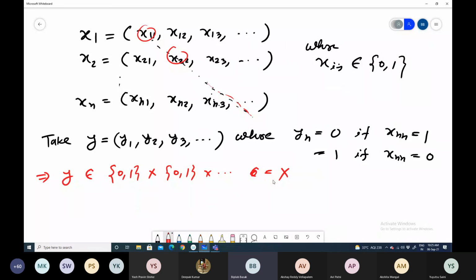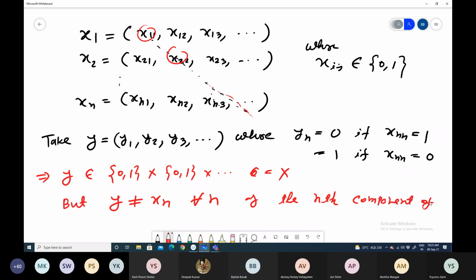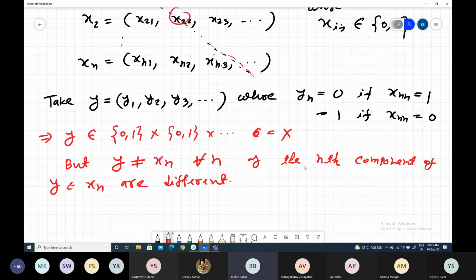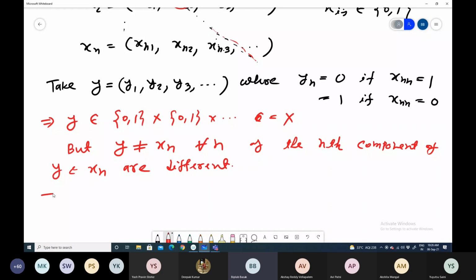Okay, but y is not equal to xn for all n, as the nth component of y and xn are different. Therefore the list is not complete.